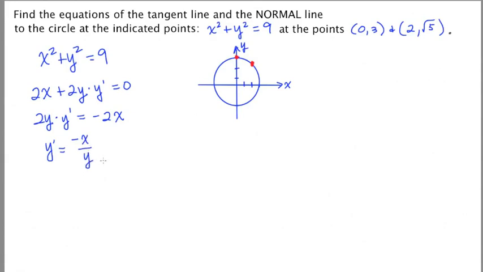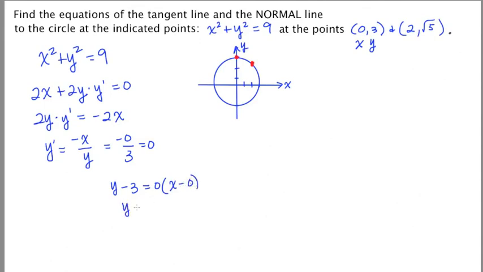For our first point, we're going to plug in 0 for x and 3 for y. And that's going to get us negative 0 over 3, which is just 0. That means our equation is going to be y minus 3 equals our slope 0, x minus 0.